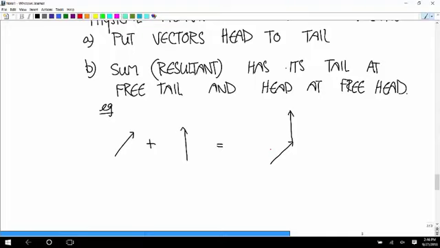But this is the free tail, this is the free head. So the resultant vector goes from here to here. So if you call this U1 and this is U2, then this one is the sum, U1 plus U2.